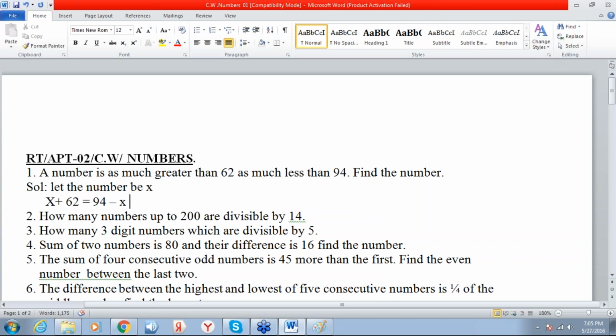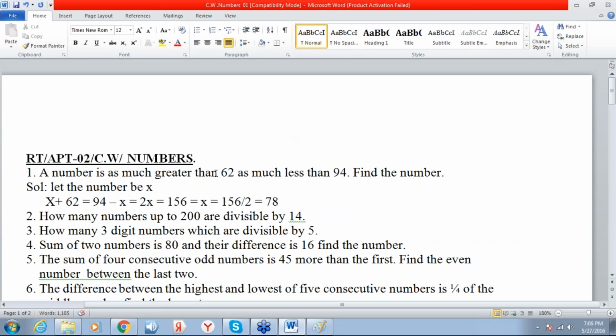So 2x is equal to 94 plus 62, which is 156. Then x is equal to 156 by 2, which is 78. 78 is the answer.